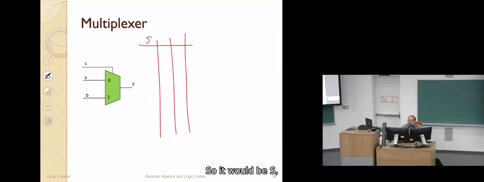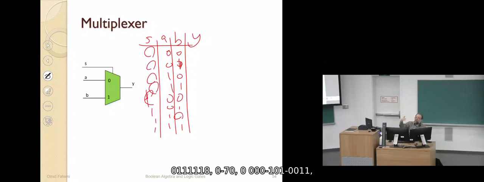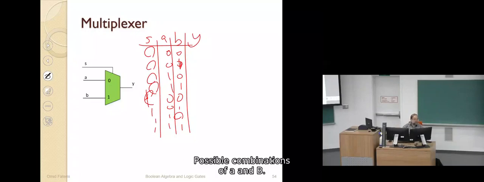So it would be S, A, and B, and the output would be Y. Let me write all of the states. There are 8, from 0 to 7: 000, 001, 010, 011, 100, 101, 110, 111. 8 possible combinations of S, A, and B.